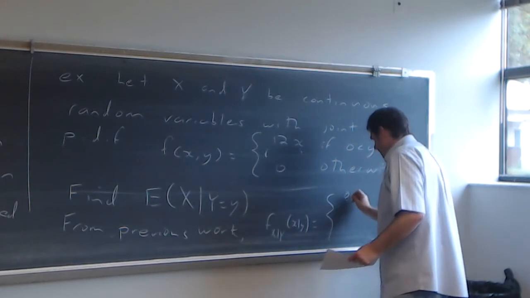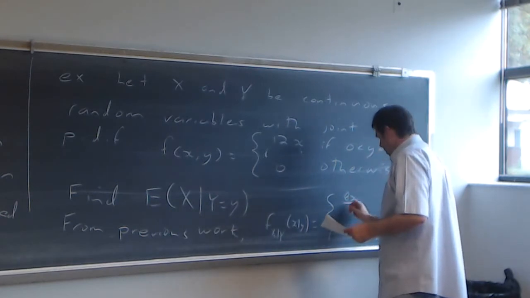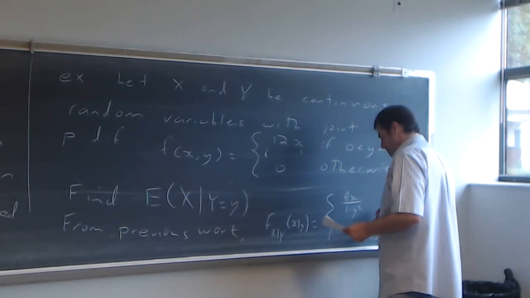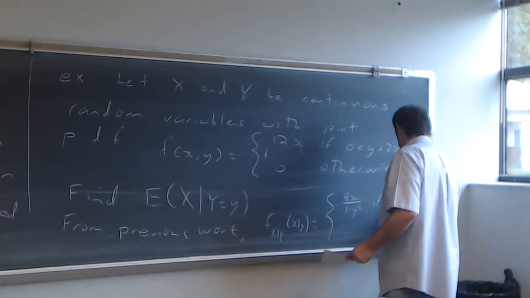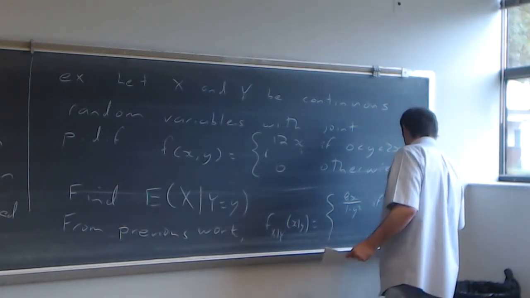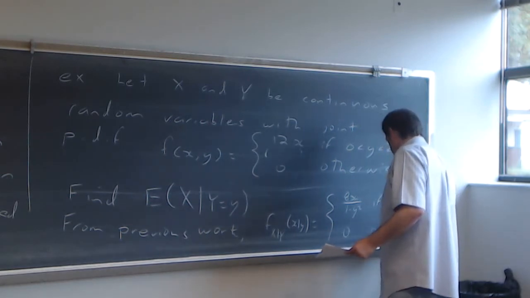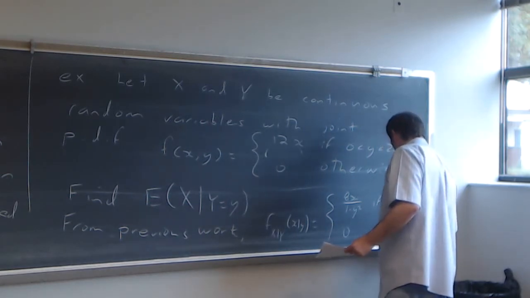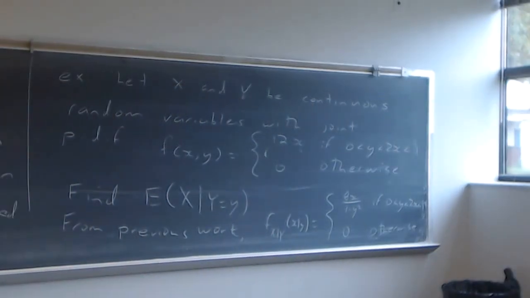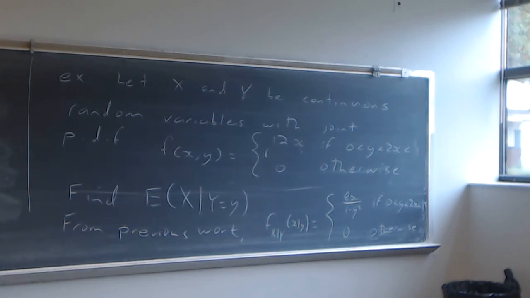It was 8x over 1 minus y squared if 0 is less than y is less than 2x is less than 1, and it is 0 otherwise. So using that, we can compute the conditional expectation of X given Y.